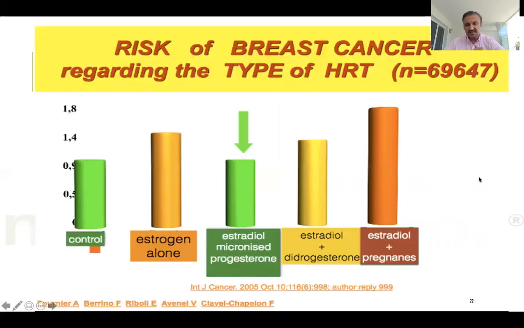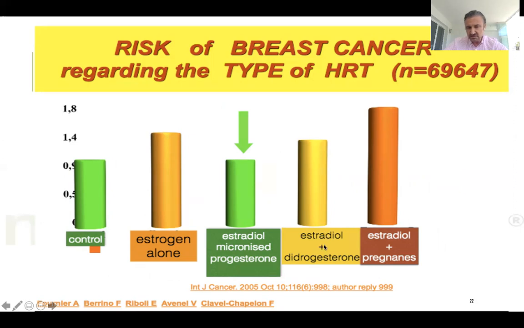Now, just to highlight this a little bit more, what we now know about HRT and breast cancer risk. This was a study published in the International Journal of Cancer in 2005, on nearly 70,000 women, and they looked at different forms of HRT and the risk of breast cancer. On the left here is the control. When you used estrogen alone, there was an increased risk of breast cancer.